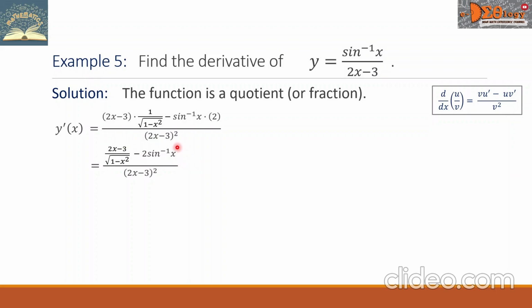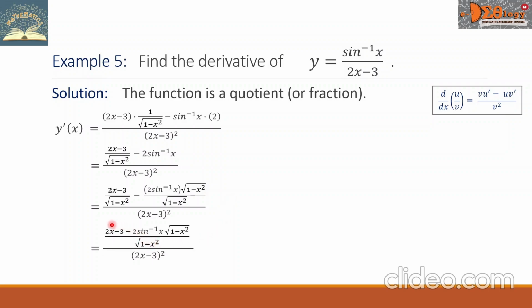What we're going to do is to multiply the 2 sine inverse x by a fraction, whose numerator and denominator is the same with this denominator here. So we have like this. And then, we can see that the two fractions are like. Now, we can combine them.